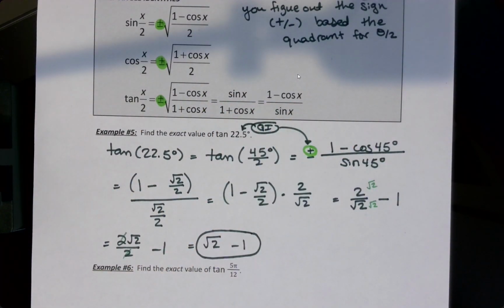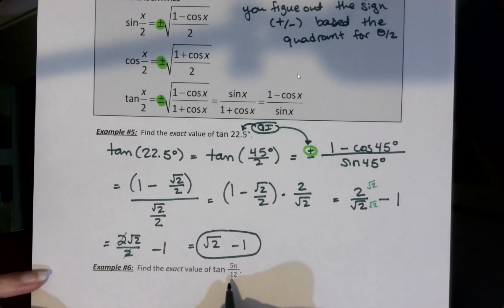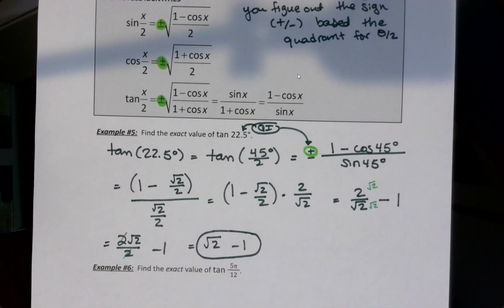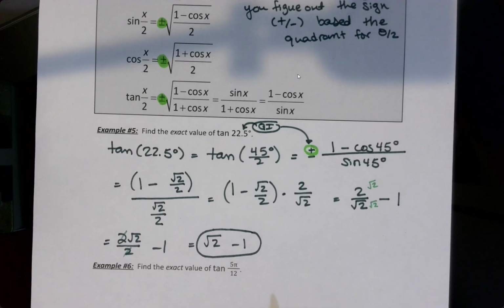Okay. We're going to find the exact value now of tangent of 5 pi 12ths. So 5 pi 12ths is, I think we used that value as a sum angle earlier, but it's also half of 5 pi 6ths, and a pi 6th measure is going to be on the unit circle.